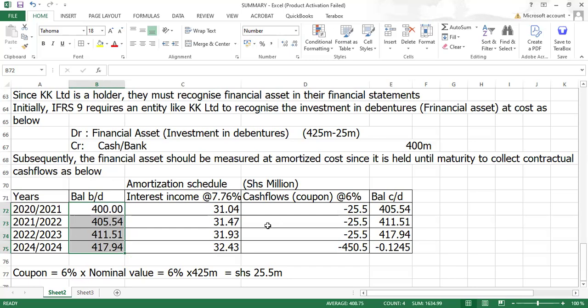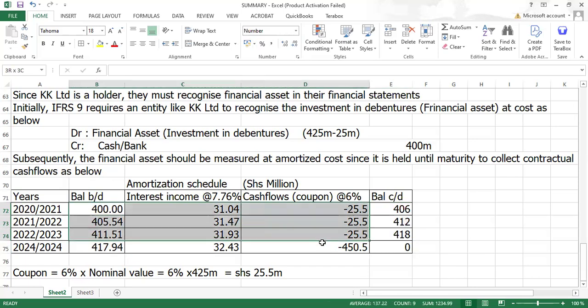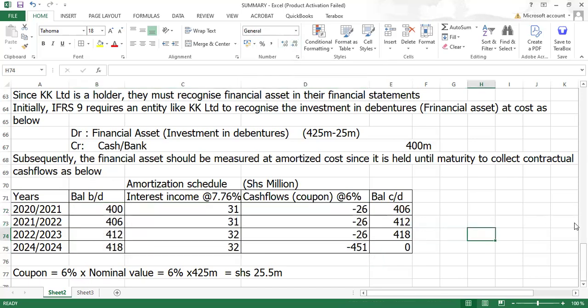But at the end, the answer should give you 0. If you round off to the whole number, you get 0. At the end, colleagues, at the maturity period here, my balance must be 0.